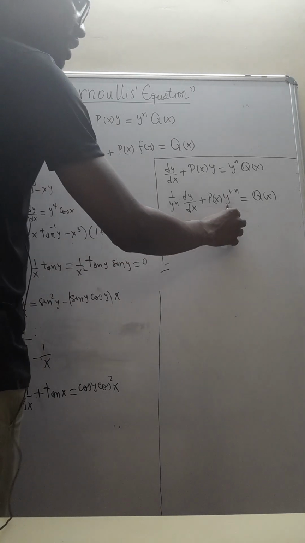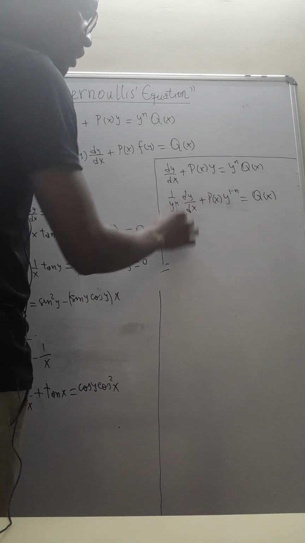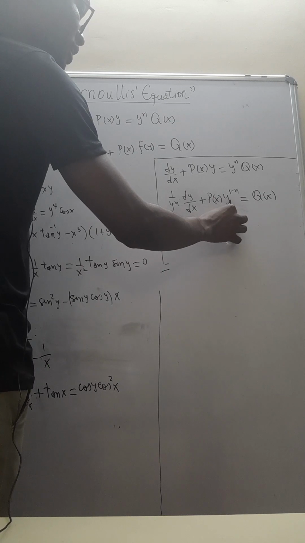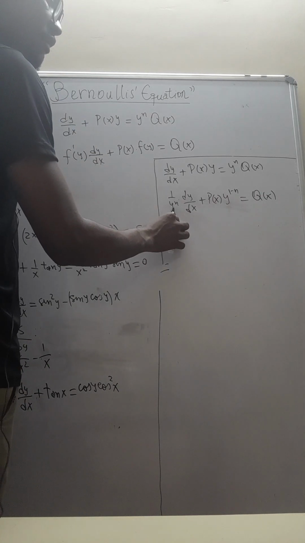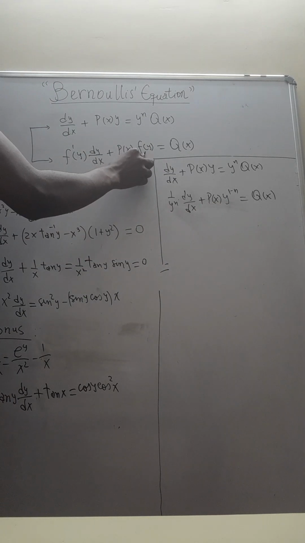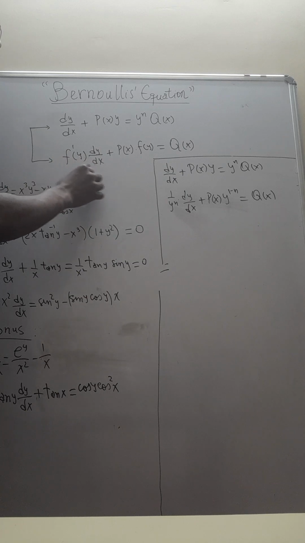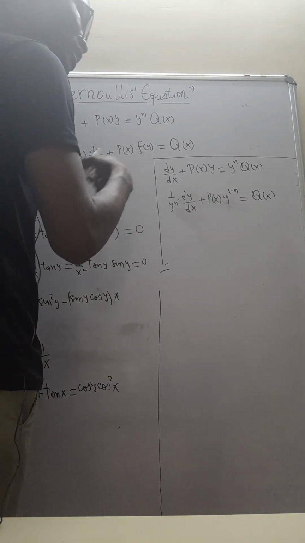So see here, we have y raised to 1 minus n, and here we have this one. The derivative of this expression is equal to this one. If I differentiate f of y, I will get a function like this. Let us try to see whether this is true or not.